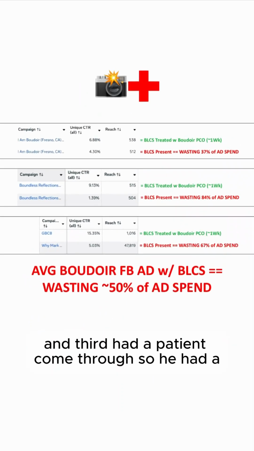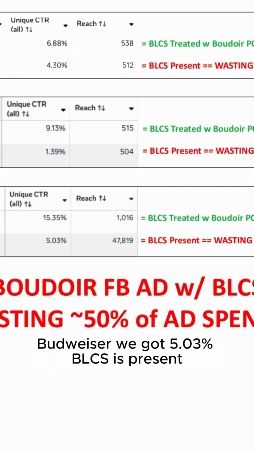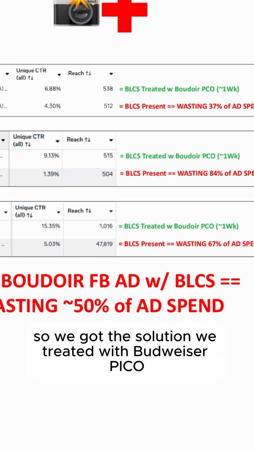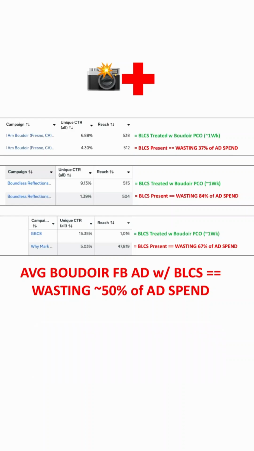And third, had a patient come through. He had a Boudoir Facebook ad at 5.03%, BLCS is present, unique CTR all under 6%, Boudoir low click syndrome. So we got the solution, we treated with Boudoir Pico, takes about a week, and we discovered that original ad was wasting about 67% of ad spend. So now they can actually decrease their ad spend.